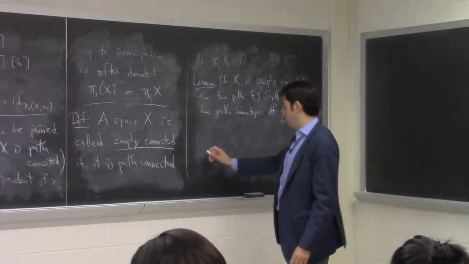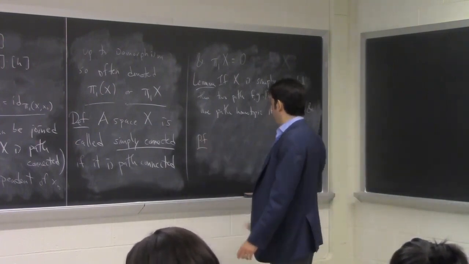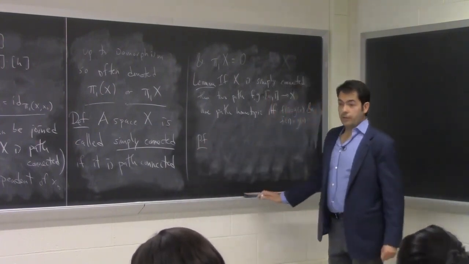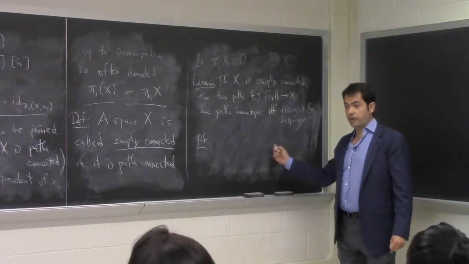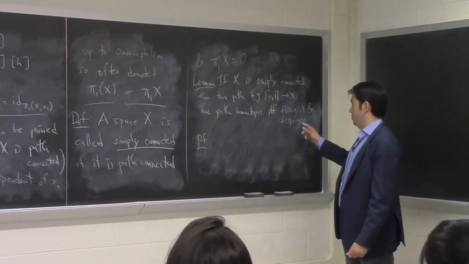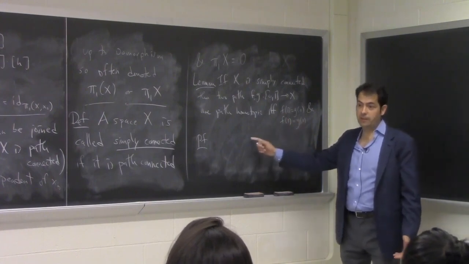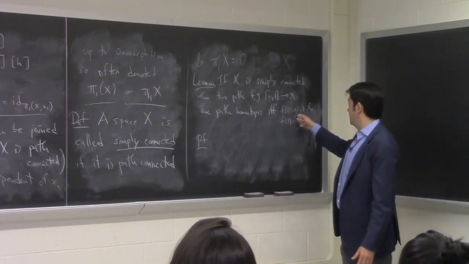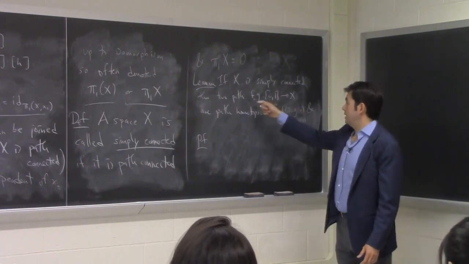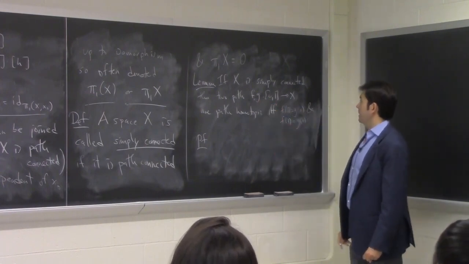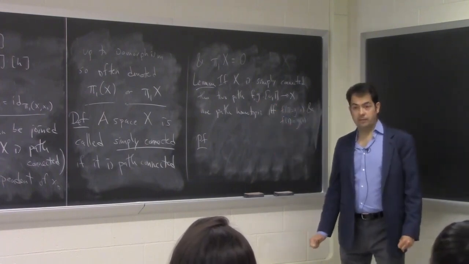So just like in the case of a convex subset, one direction is trivial. If they're path-homotopic, then they have to have the same endpoints by definition of path-homotopy. So the interesting direction is, let's say they have the same endpoints, show that they're path-homotopic.